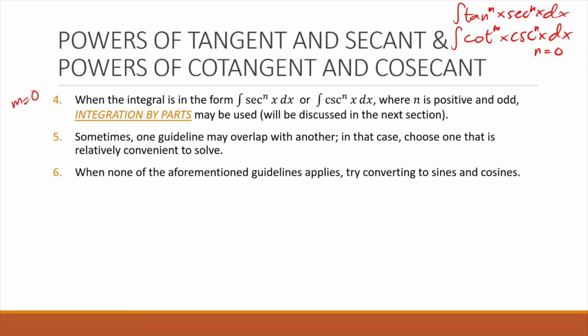We can always try to convert them to sines and cosines, particularly if the given is in terms of tangent, secant, cotangent, cosecant, using the appropriate na mga identities. Kasi by experience, it's simpler if we deal with sines and cosines as opposed to dealing with tangent, secant, cotangent, cosecant. Okay?